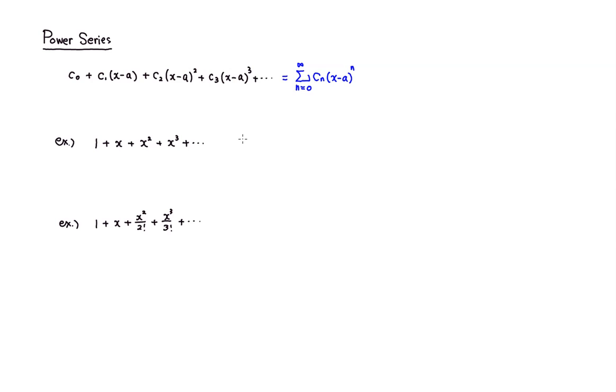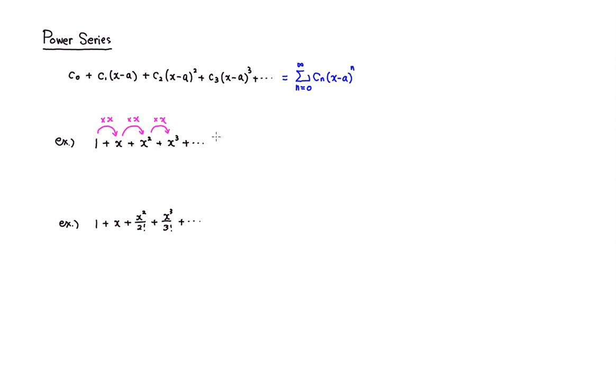This can be seen as a geometric series, because if you go from the first term to the second, you multiply by x, and from the second to the third, you multiply by x. Every time you go to the next term, you multiply by x. So this is a geometric series, and the sum of a geometric series is the first term over 1 minus r, the r value, in this case x.